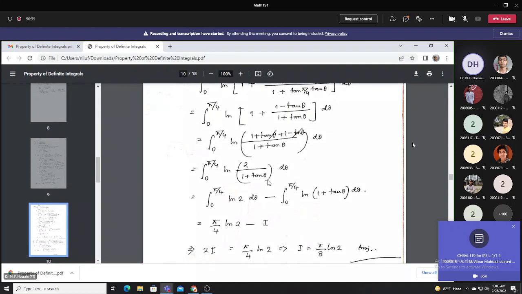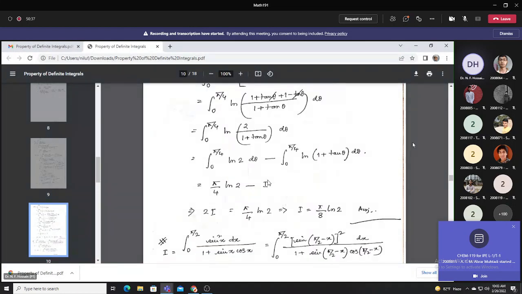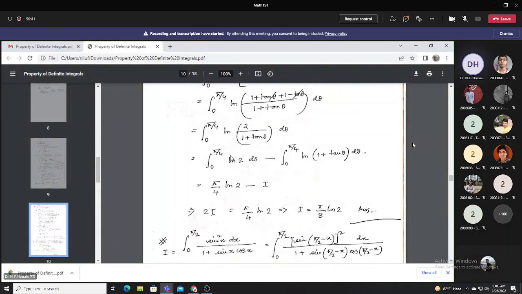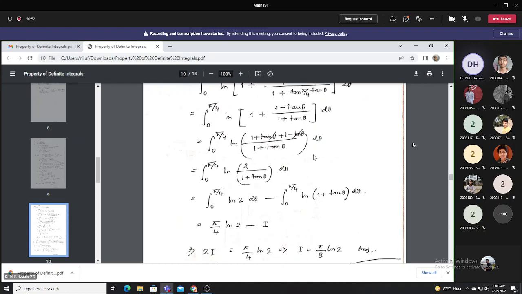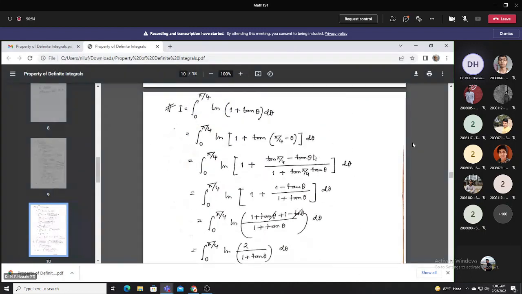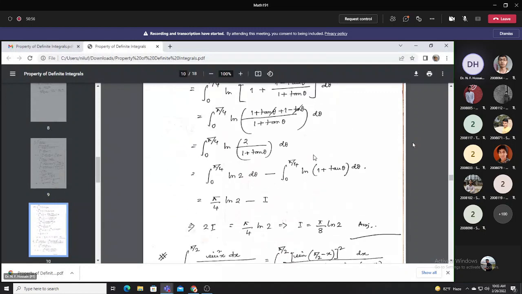Now you separate, use the property of logarithmic function. Ln of x by y equals ln x minus ln y. So it will be ln of 2 minus integration ln of 1 plus tan theta. And it is the same thing from which we started. Integration 0 to pi by 4 ln of 1 plus tan theta, and we are getting the same thing.